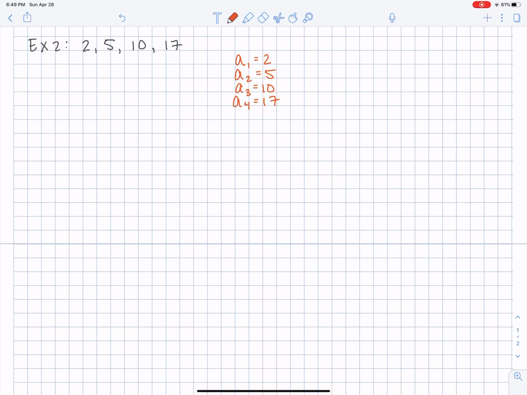Now, just looking at this pattern, you definitely see that it's not linear. This is where that discovery needs to happen. If you wanted to, you could plot these points, and that would be a really good option. So I'm going to say maybe plot.